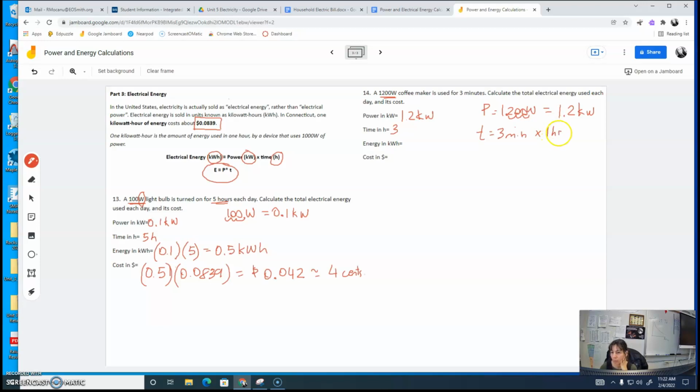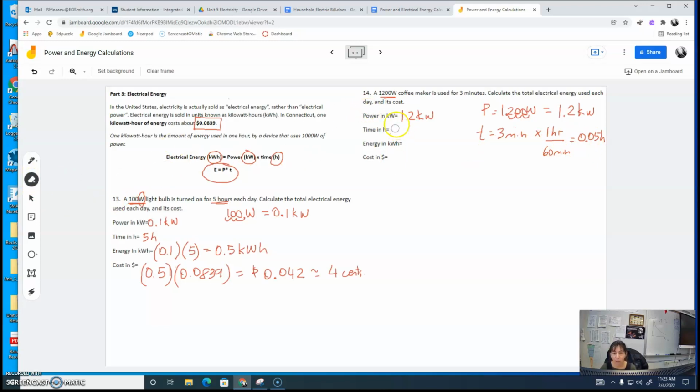Well, I know that 1 hour has 60 minutes in it. So if I take 3 minutes multiplied by 1 hour over 60 minutes, that's the same as 3 minutes divided by 60 minutes. So that is going to give me 0.05 hours. Okay, so 3 minutes is the same thing as 0.05 hours.